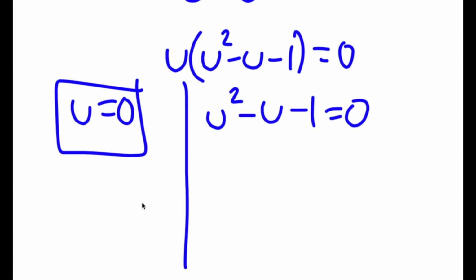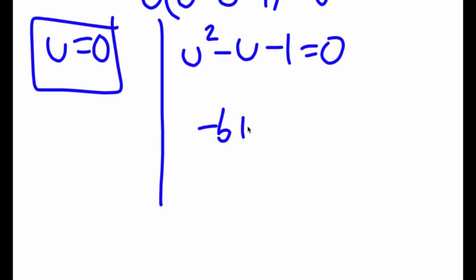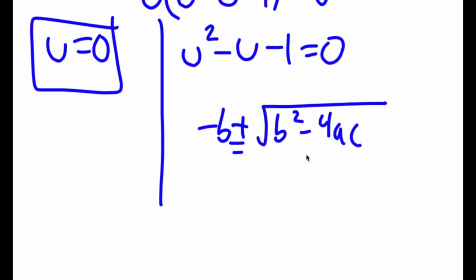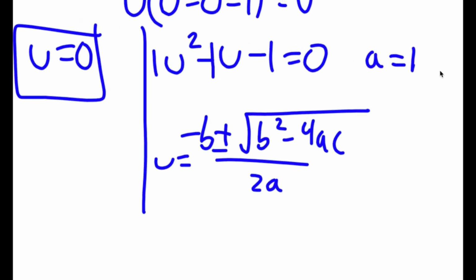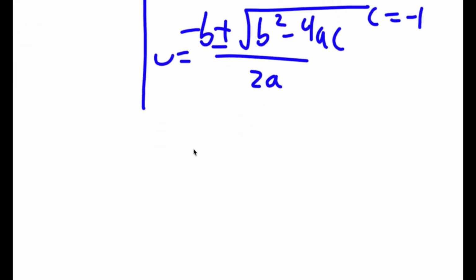So now to solve this, I'm going to use the quadratic formula: negative b plus or minus the square root of b squared minus 4ac, all over 2a. So in this case, a is 1, b is negative 1, and c is negative 1.